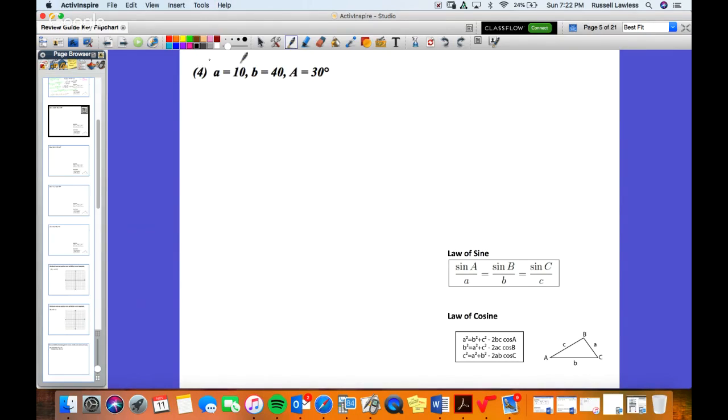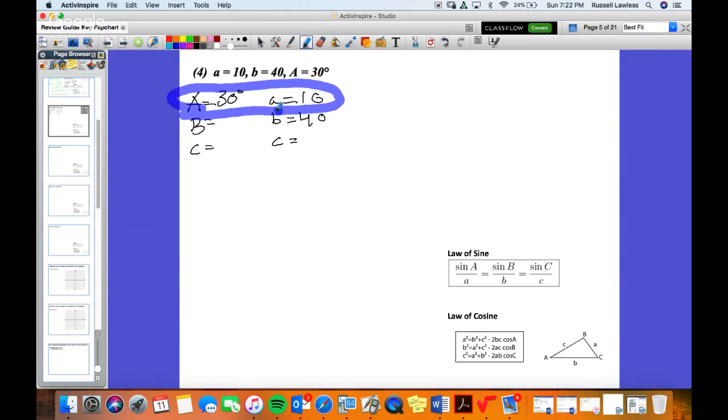And so looking at 4 here, we're going to start out how we always do, with our triangle ABC. We're given side length A, side length B, and then the angle of A. So what do you again notice that we have? We're given a complete set and a side length.